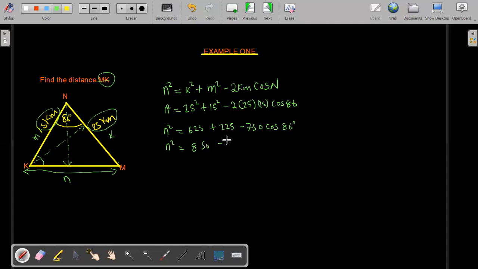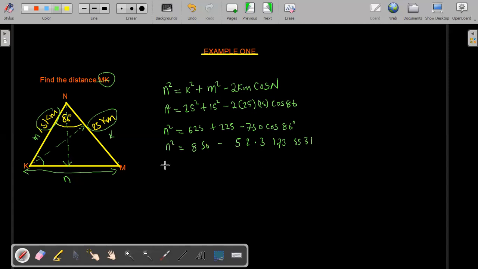Then we say minus. So we can now multiply our 750 here. Then we say cos 86. So we are getting 52.31735531.